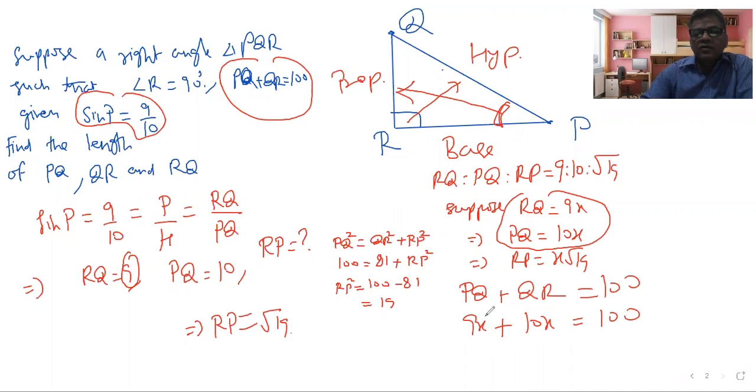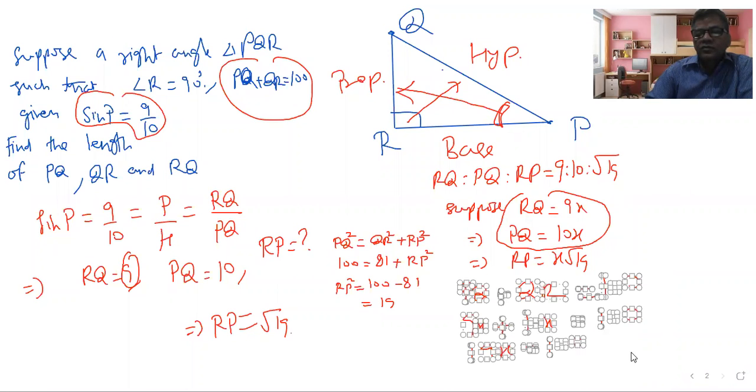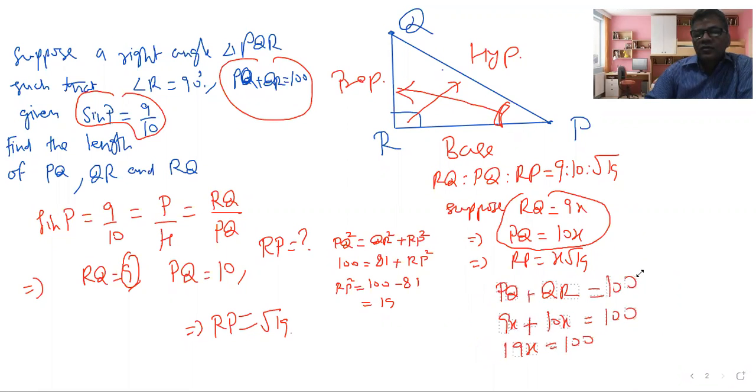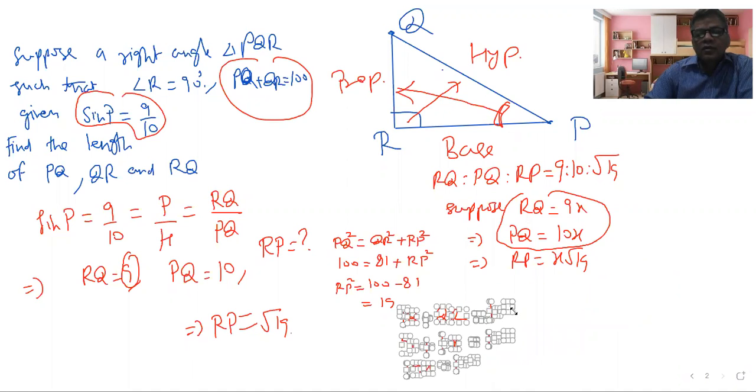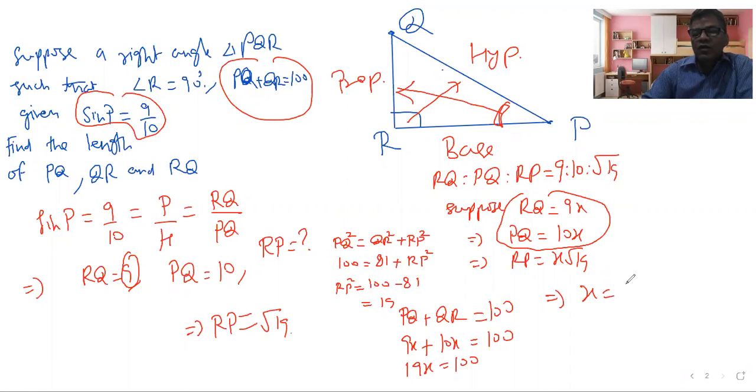So here we get 19x equal to 100. Okay, student. So till here, I think you understood the things. So 19x equal to 100, it means x will be equal to 100 by 19.